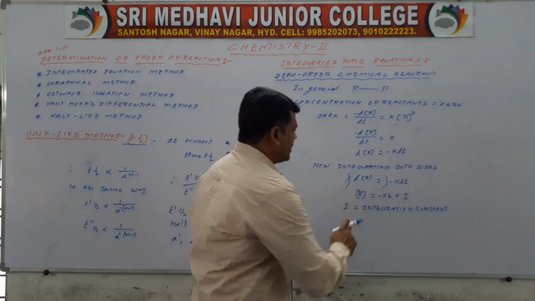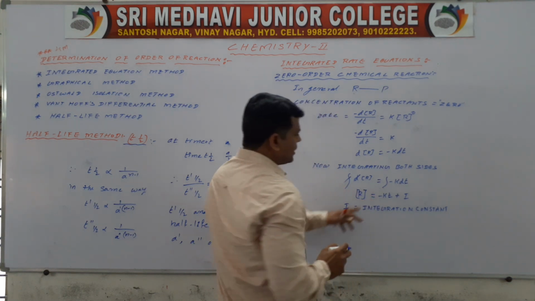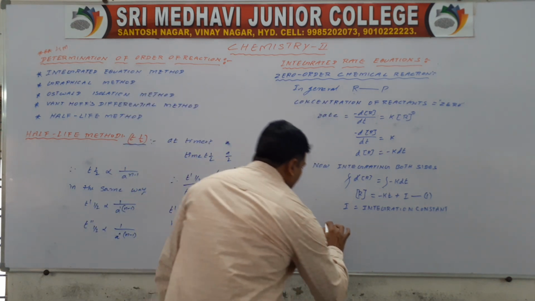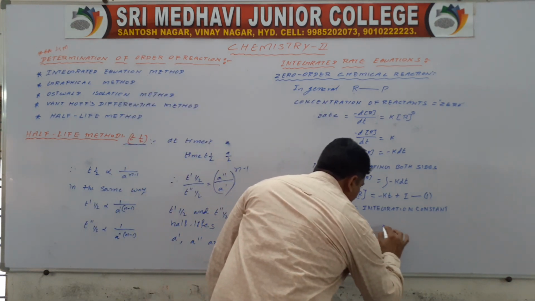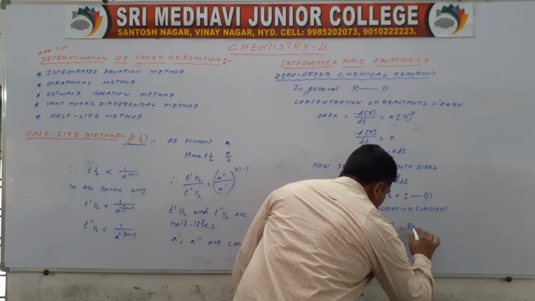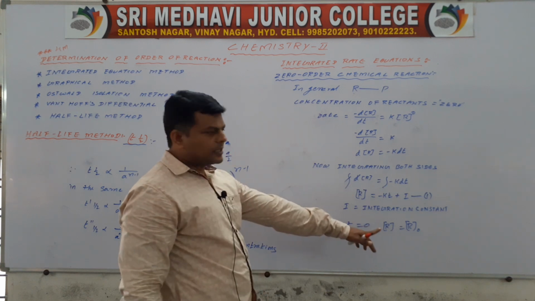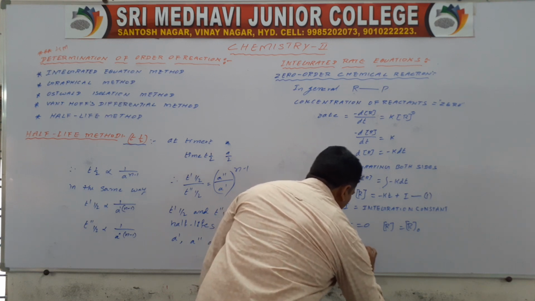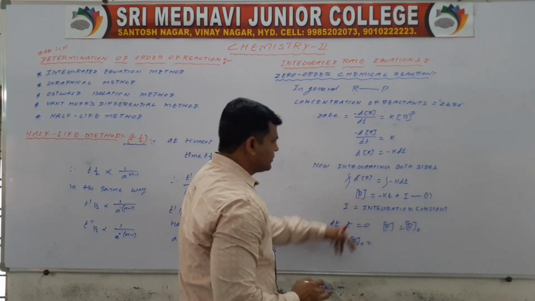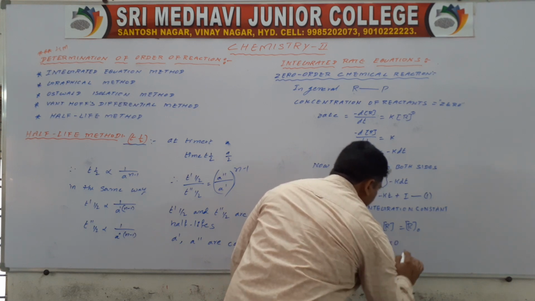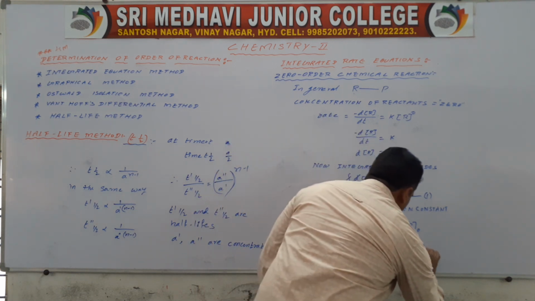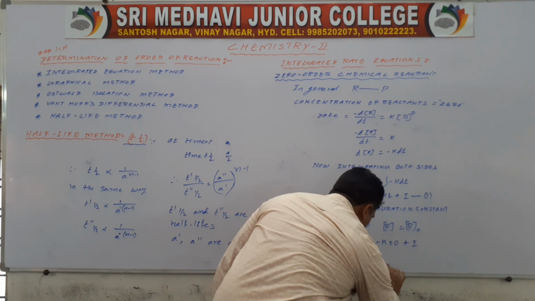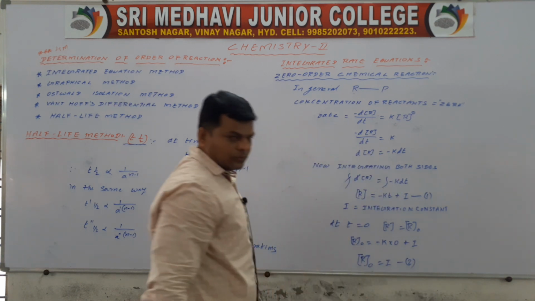So [R] equals minus kt plus I, this is equation 1. At t equal to 0, [R] equals [R]0, the initial concentration. Substituting these two values in equation 1, [R]0 equals minus k into 0 plus I, so [R]0 equals I, equation 2.